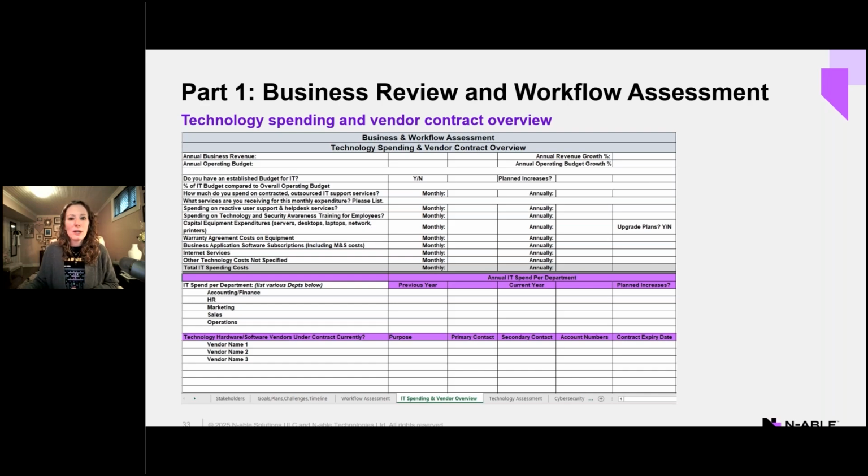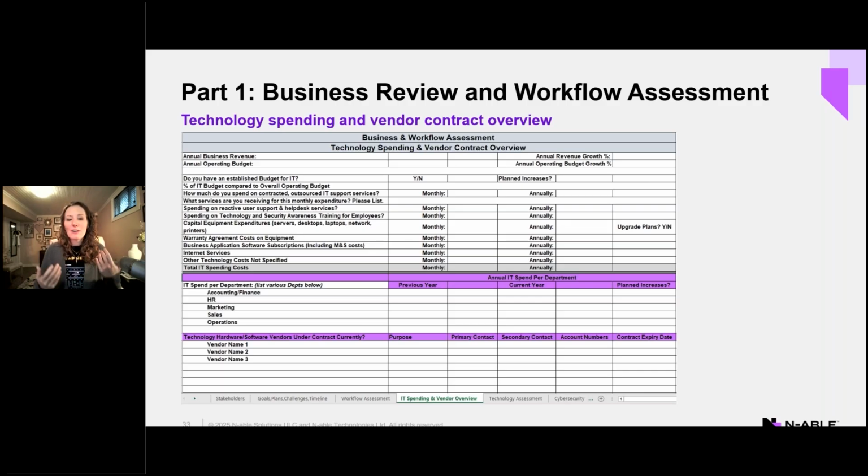And so this is where you may need to start doing some level setting, and you may need to reset expectations and help make them a little bit more realistic for their IT spending. But then some other spending details that hopefully you're able to collect from your key prospects.